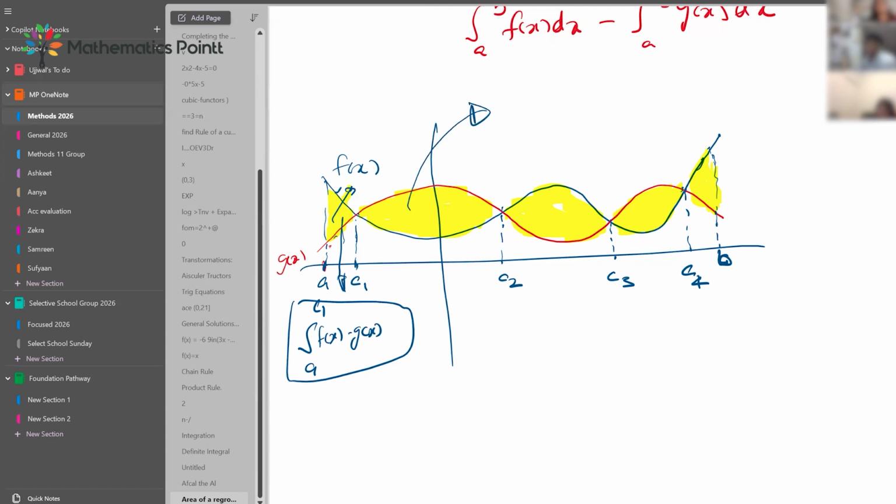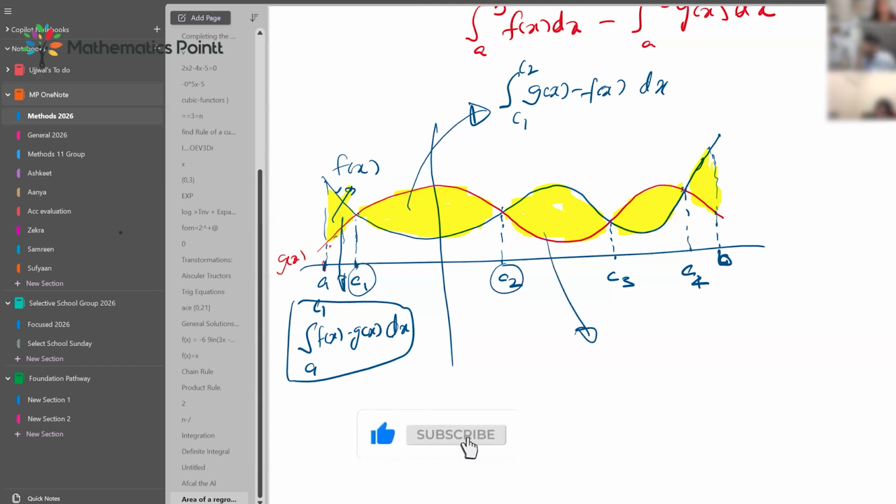Let's talk about this area. Now the red curve sits above the blue curve. So it's g of x take away f of x between C1 and C2, dx. Now the blue curve sits over the red curve, so f of x minus g of x, C2 to C3, dx.